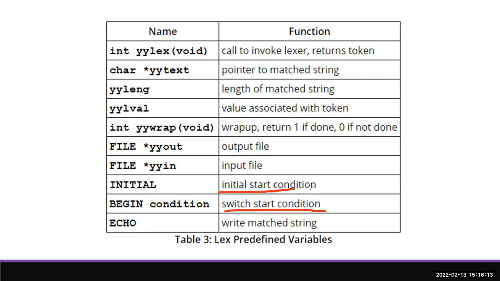BEGIN is like switching the start condition, the initial start condition. In the Lex file, yylex is the final function that is generated for the lexer. Then there is char star yytext, the pointer to the matched string. When you match some pattern, the pointer points to that string. yyleng is the length of the matched string.